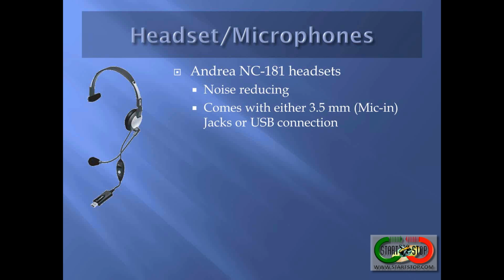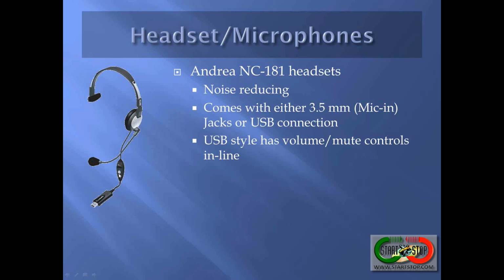Obviously, then the ideal situation would be the USB connection, because that's going to bypass the sound card, as I mentioned earlier, and act as its own sound card. The USB version also has a mute button and volume controls in line that allow you to adjust your earphone volume to what you hear, and also allows you to mute and unmute the microphone.